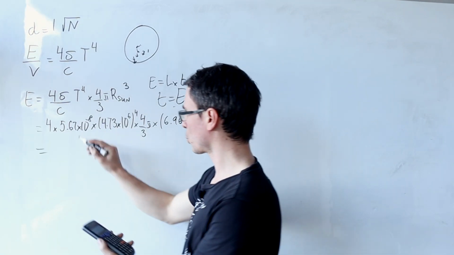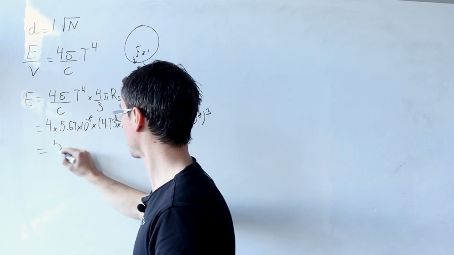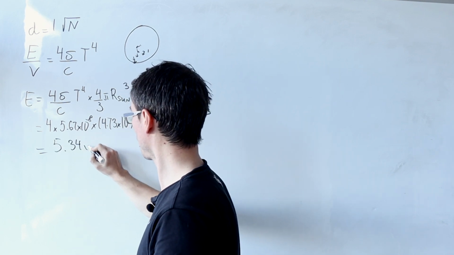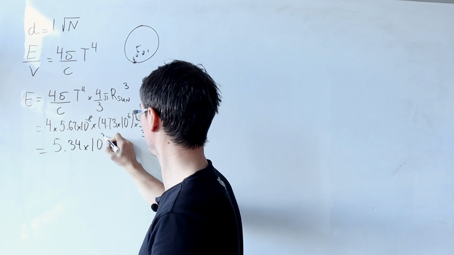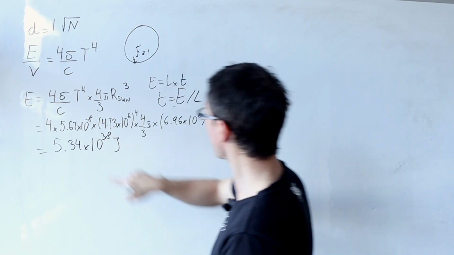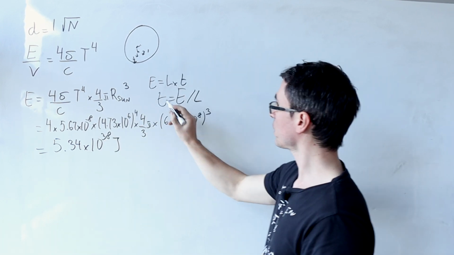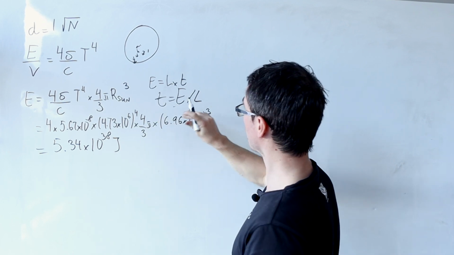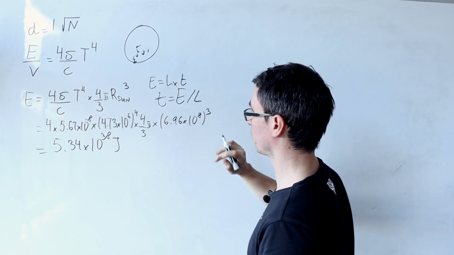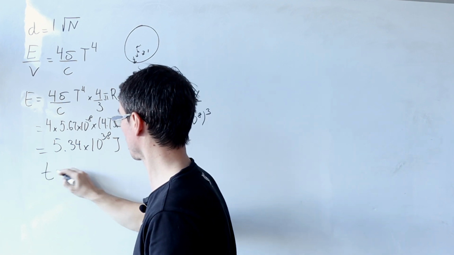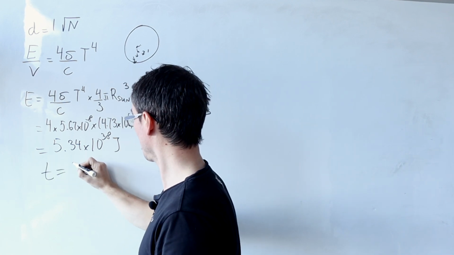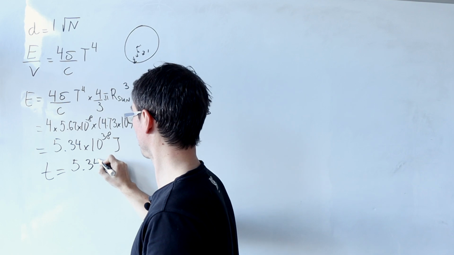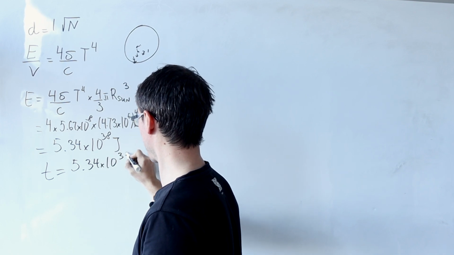Okay, this will give me a total energy of around 5.34 times 10 to the power of 38 joules, which is enormous. And as we said, the time t will be given by the energy divided by the luminosity. Let's just do that right here. So that's energy over power. 5.34 times 10 to the power of 38.